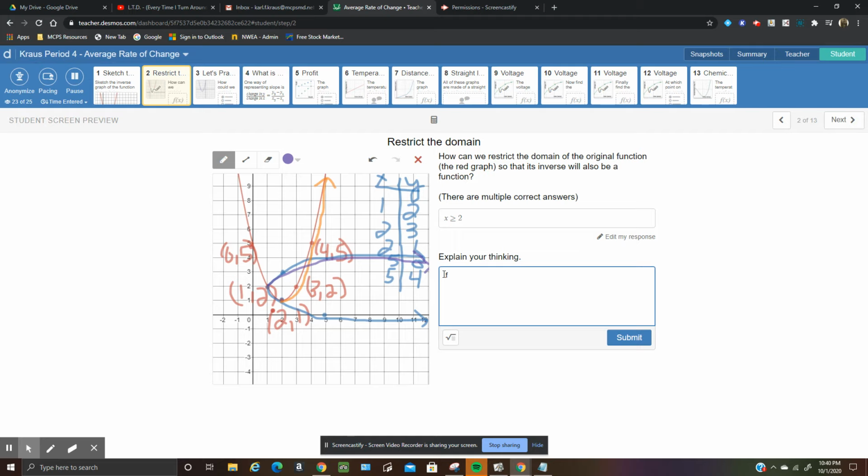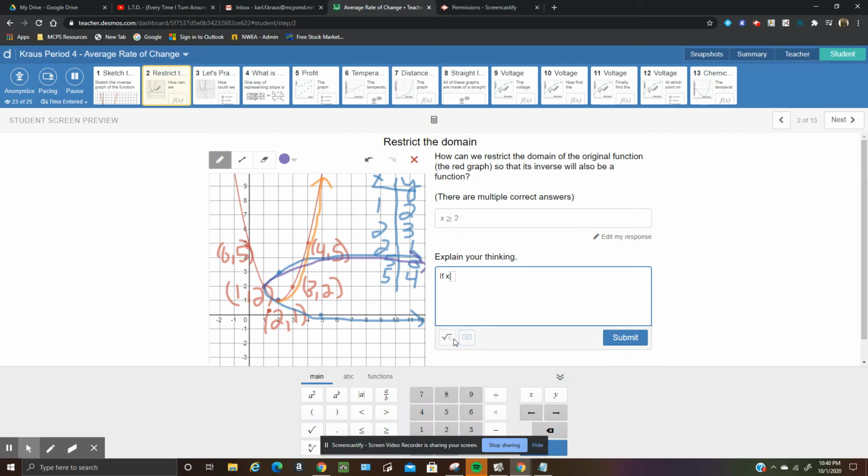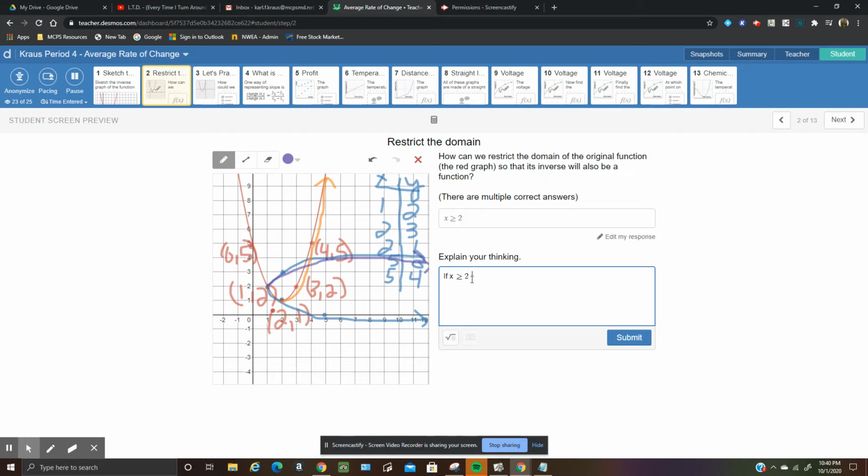If x is greater than or equal to 2 in the original, then you get the right branch. It's the orange graph.